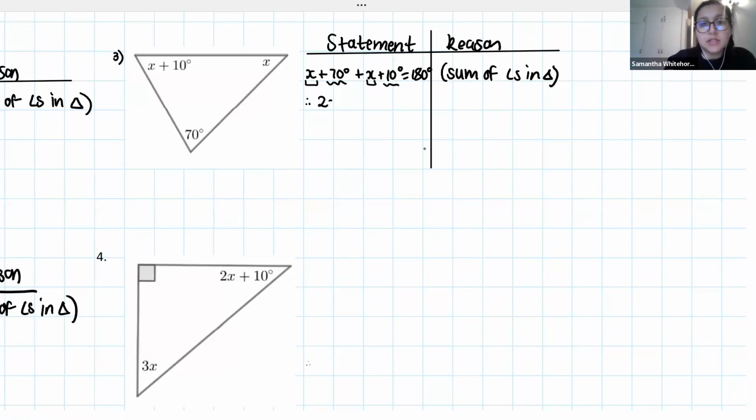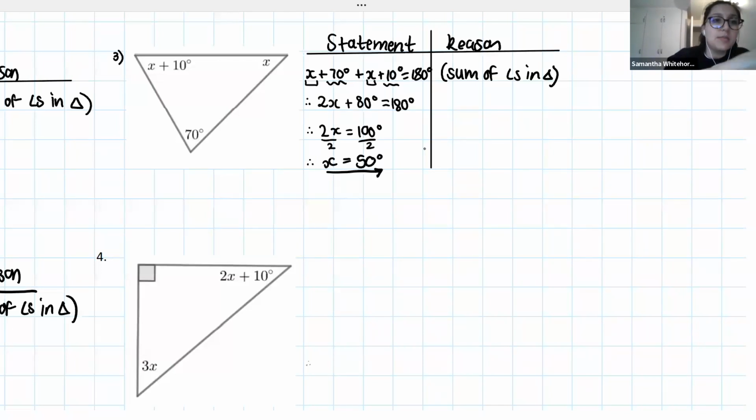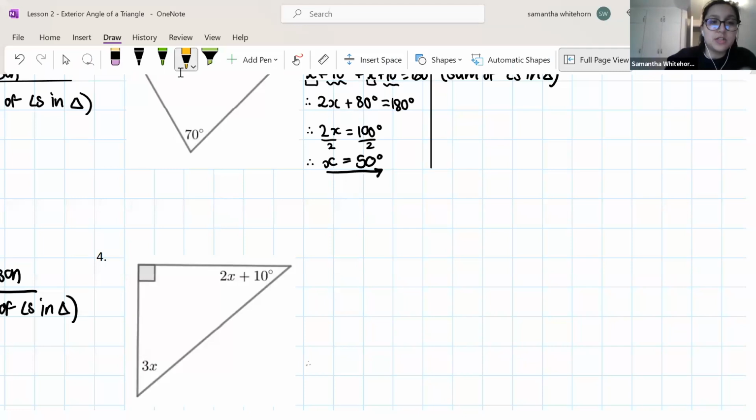So x plus x is 2x, 70 plus 10 is 80, and now I start to solve my equation. Subtract 80 on both sides, I get 2x is equal to 100. I'm going to divide both sides by 2 in order to get x alone, and so x is equal to 50 degrees. Now remember, grade 8, you can check yourself if you're not 100% sure.